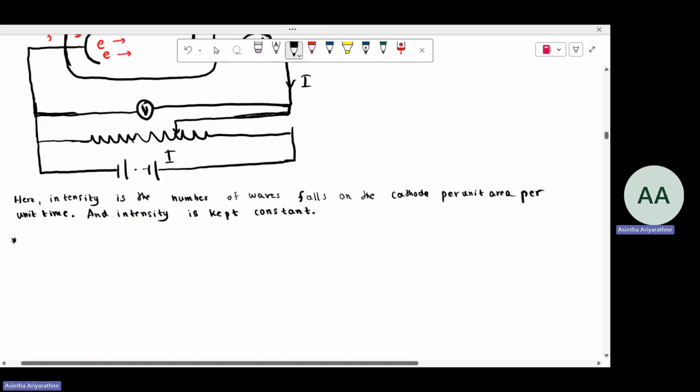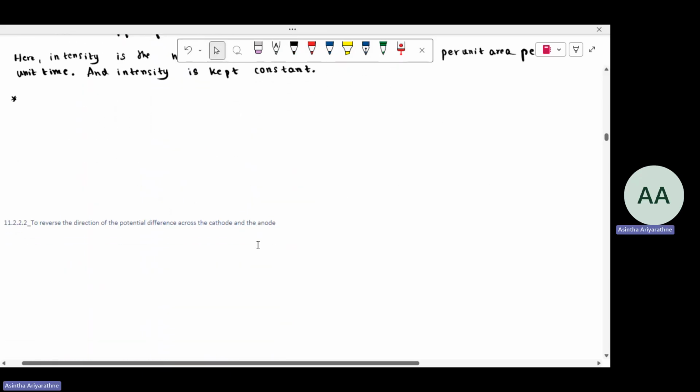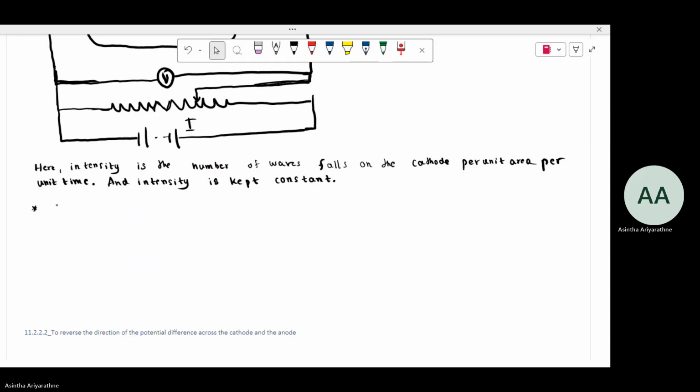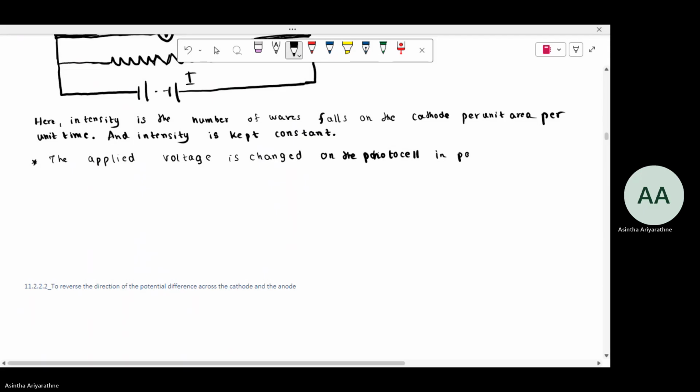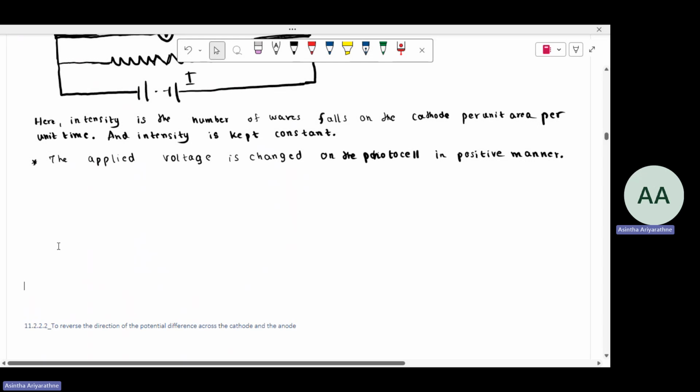By adjusting the sliding key, the potential can be changed, so the applied voltage on the photocell is changed in a positive manner.